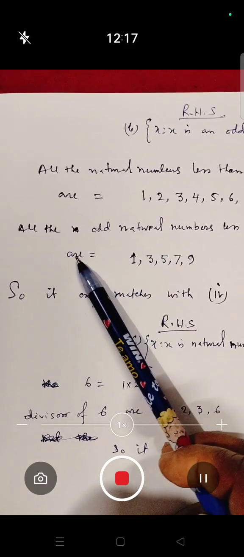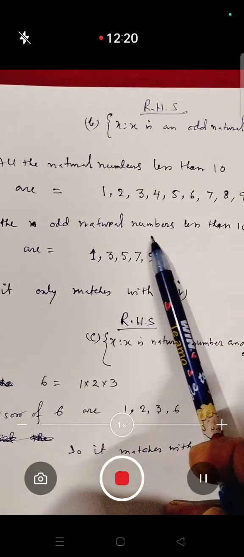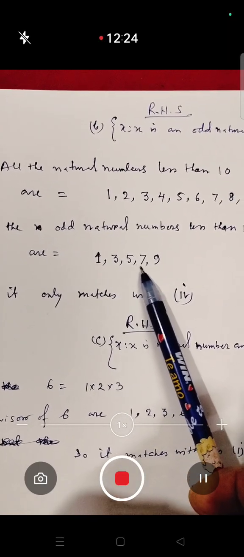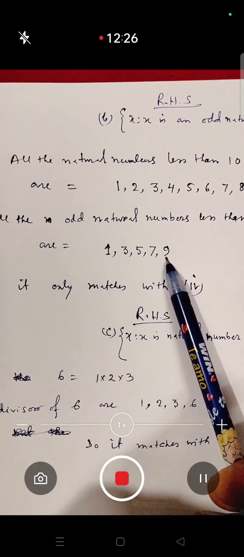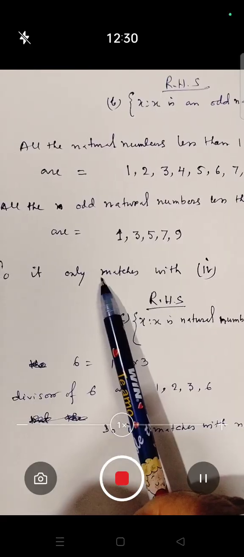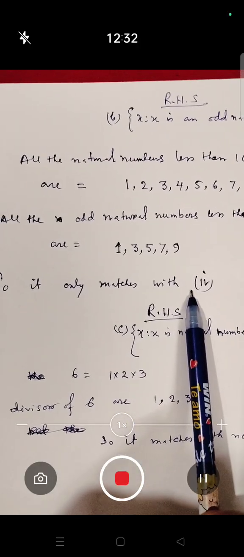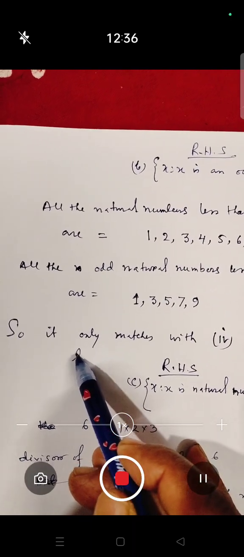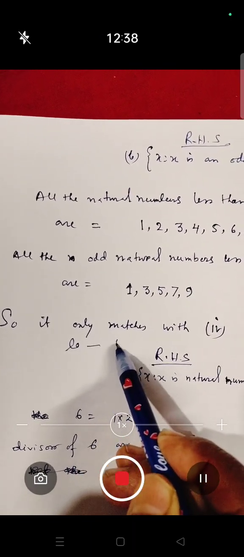Yes. All the odd natural numbers less than 10 are 1, 3, 5, 7, 9. Okay. So it only matches with 4. So we can write B matches 4.